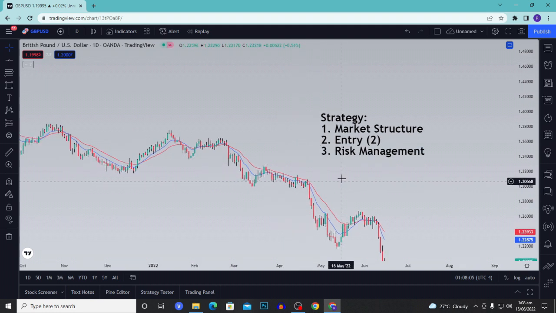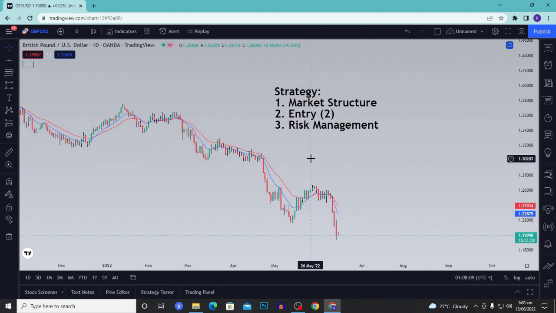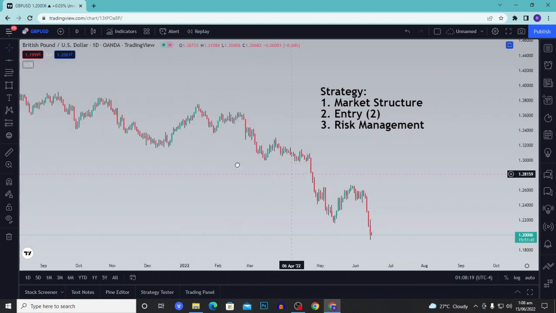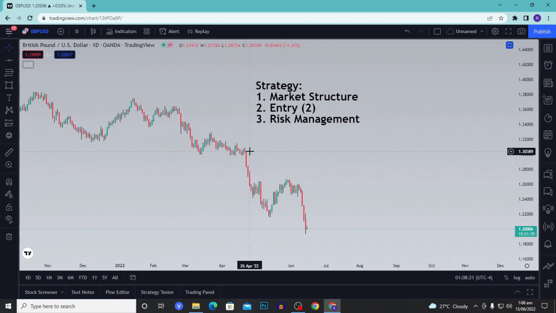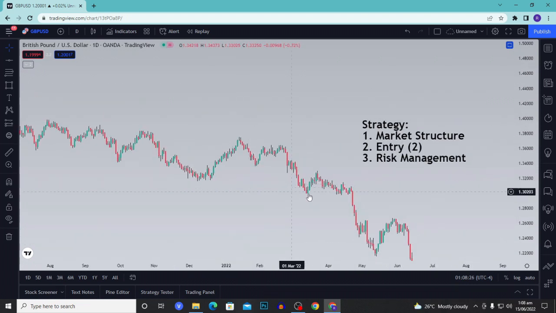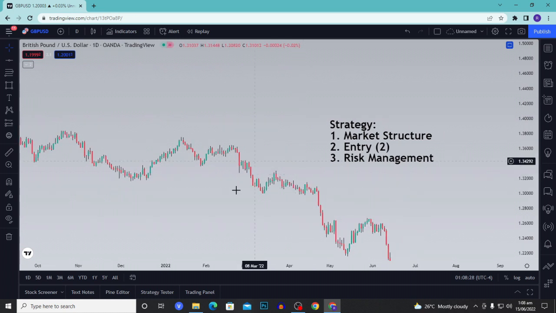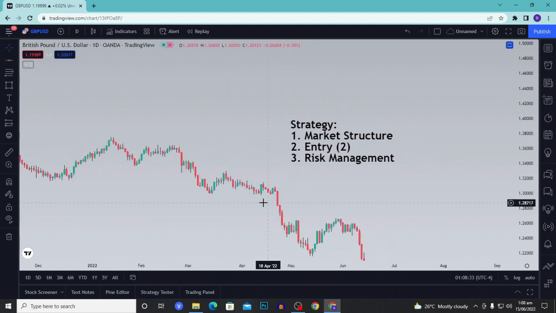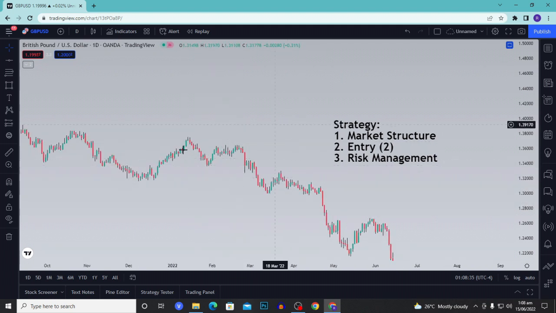In the previous video, we said we use the MACD indicator and the exponential moving averages for our entries. Now, in this part of the course, I'm going to be going over the Fibonacci or market structure entry, which is an entry using both the market structure and the Fibonacci.